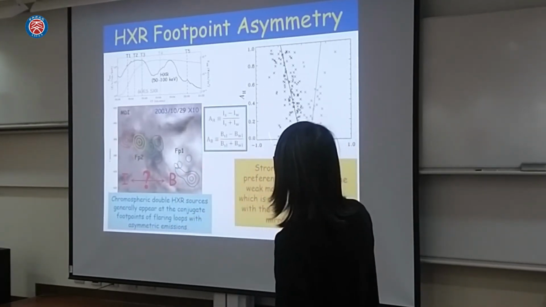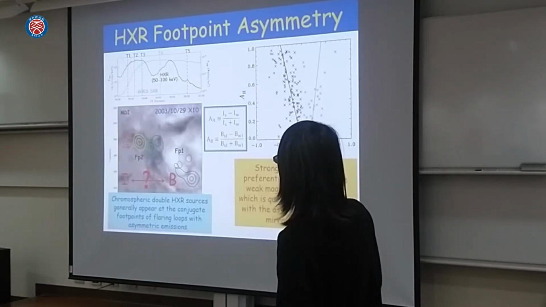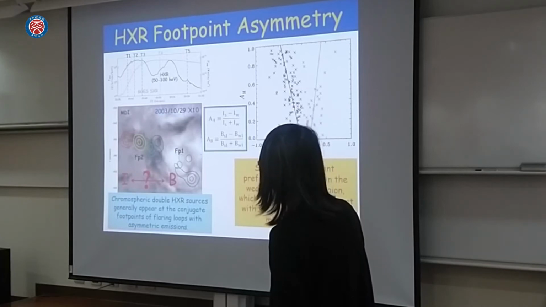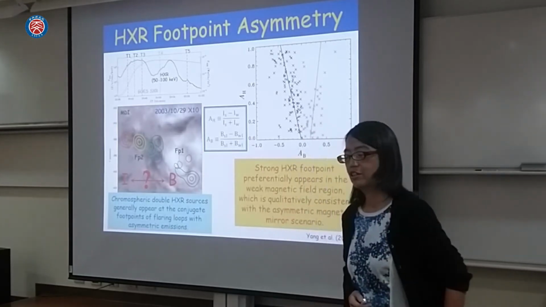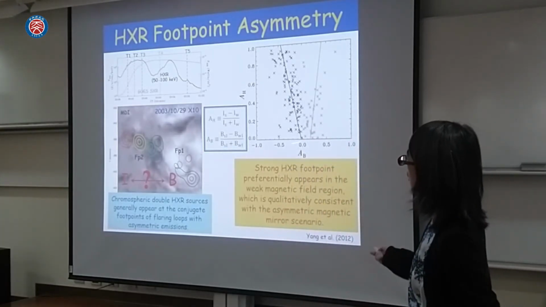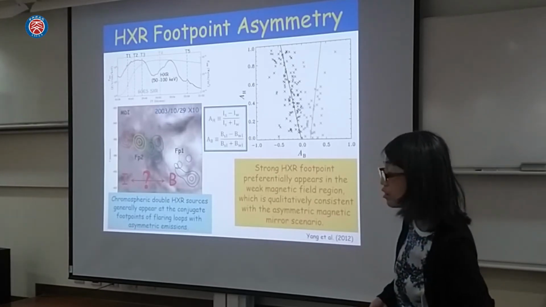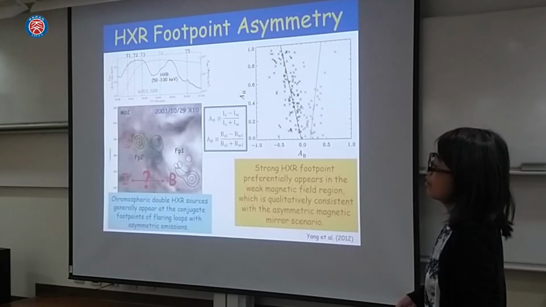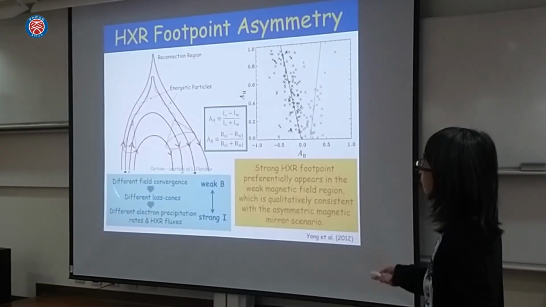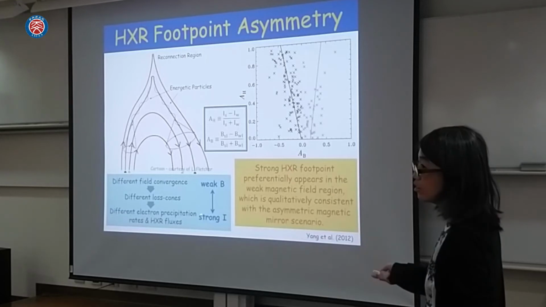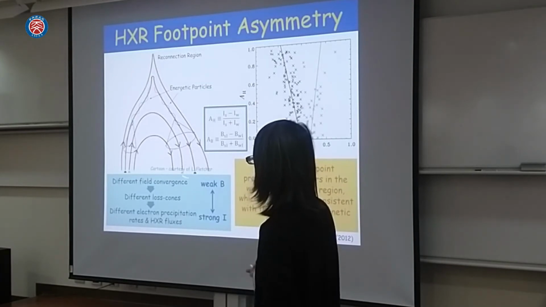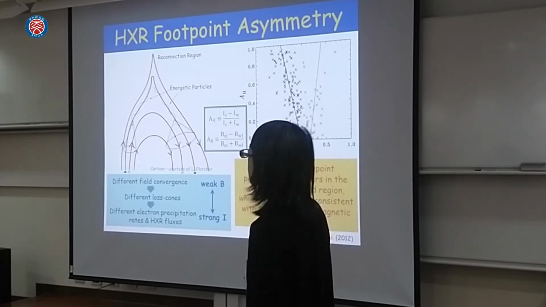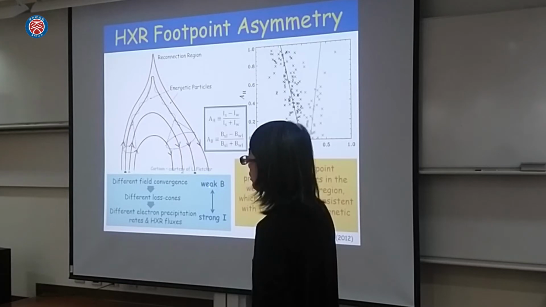You can see most of the HXR footpoints are located at the weaker magnetic field region. So how can we explain it? We think this result is consistent with the scenario of an asymmetric magnetic mirror. Here is the magnetic field topology, with two footpoints, but the magnetic field convergence is different at each footpoint.